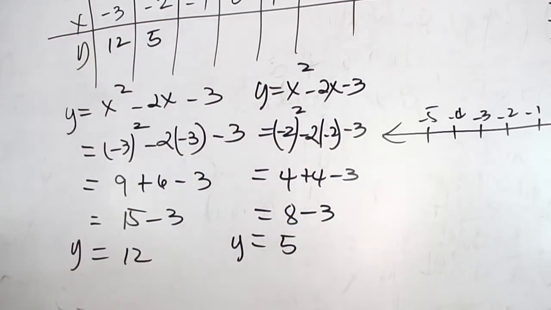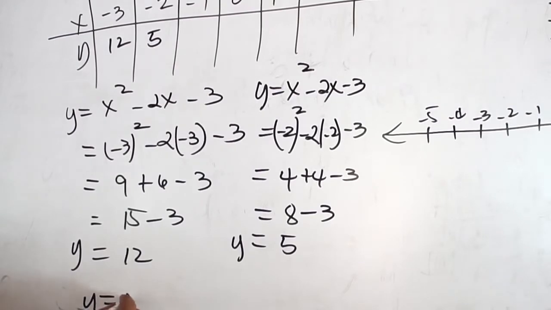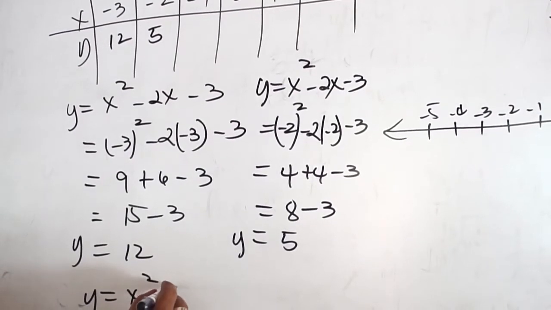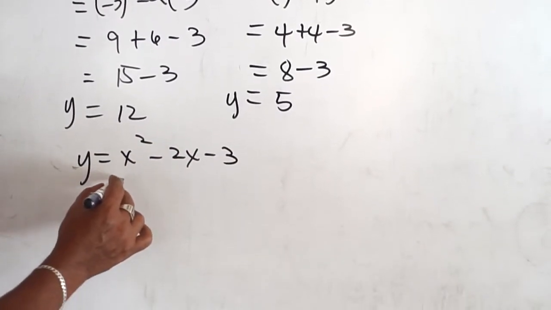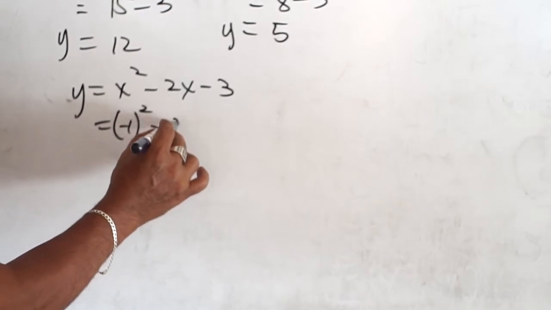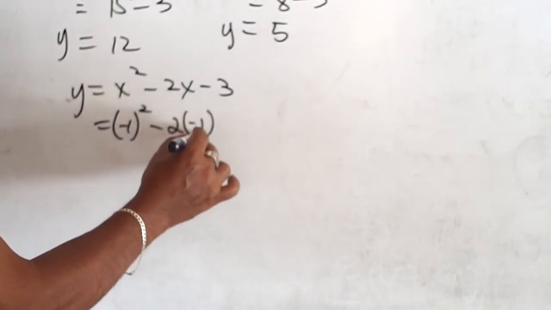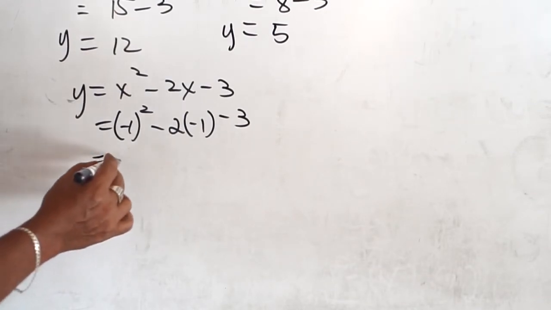Next, if the value of x is negative 1, we have x squared minus 2x minus 3: negative 1 squared, minus 2 multiplied by negative 1, minus 3. The square of negative 1 is 1.